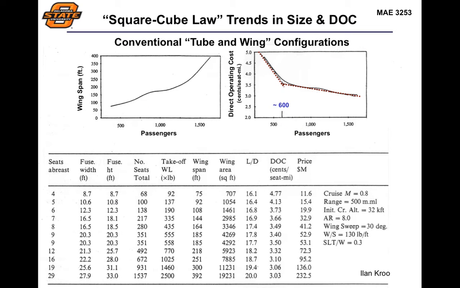Now this leads us to some basic back of the envelope type of engineering. Why is there going to be this upper limit, for example, in terms of aircraft size? And part of this, again, we can just use basic physics. So go back to that square cube law and what those trends are going to be. So, if we say, well, how many people can we actually fit in an aircraft? We essentially have a cylinder.